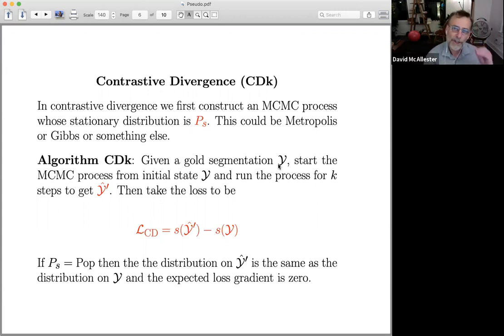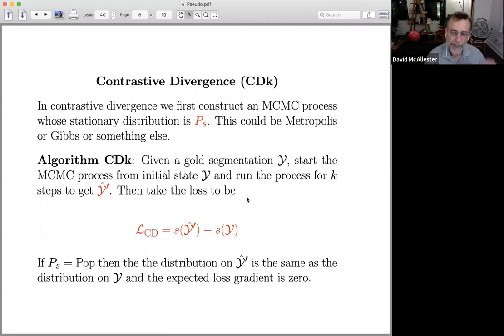So why don't we just start our MCMC process from the gold label? And since the gold label is drawn from the distribution of interest, when I average over a large number of those, I'm essentially sampling from the population distribution. And I want my model distribution to be the same as the population distribution. So I'm going to sort of hot start the MCMC process by starting it at the gold label.